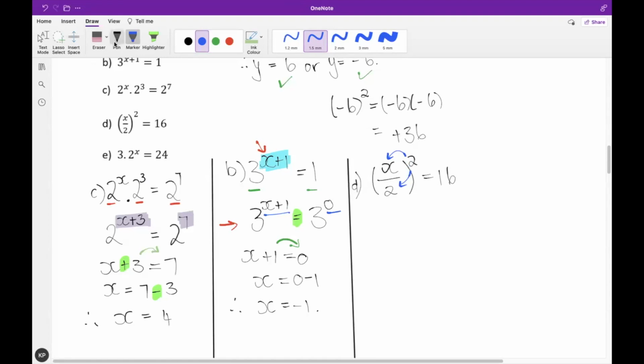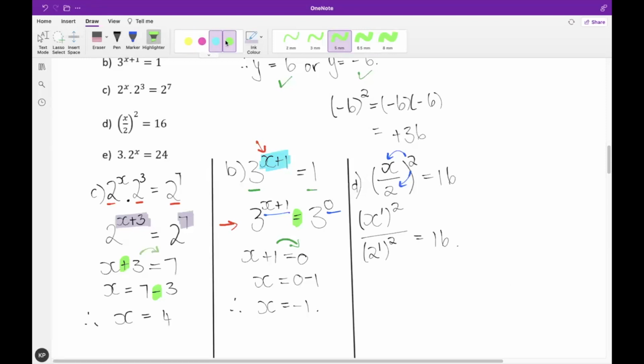Now, currently x and 2 do not have exponents. So we said if there is no exponent, what will the exponent be? If there is no exponent, then the exponent is 1, right? So if I distribute here, it's going to be x to the power of 1 all to the power of 2 over 2 to the power of 1 all to the power of 2 equals 16.